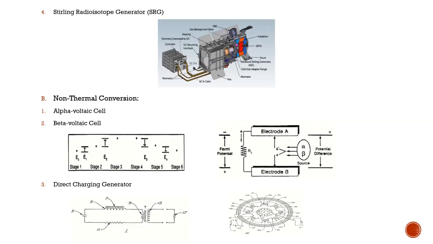We can see that there are a couple of capacitors in this rounded figure. Whenever the radioactive decay is happening, the electrons or the particles charge the capacitors, and in turn it will deliver the desired power.